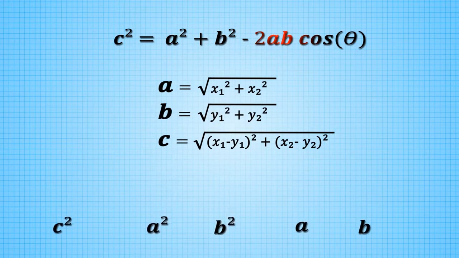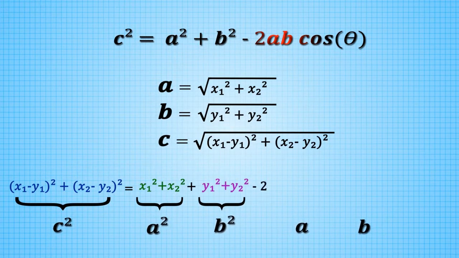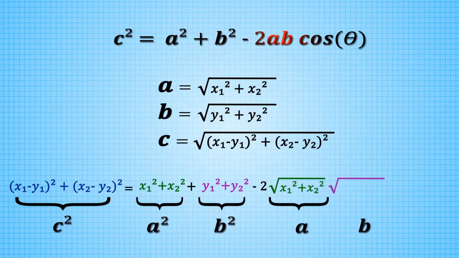We have x1 minus y1 squared plus x2 minus y2 squared equals x1 squared plus x2 squared plus y1 squared plus y2 squared minus 2 square root of x1 squared plus x2 squared times square root of y1 squared plus y2 squared cosine theta.